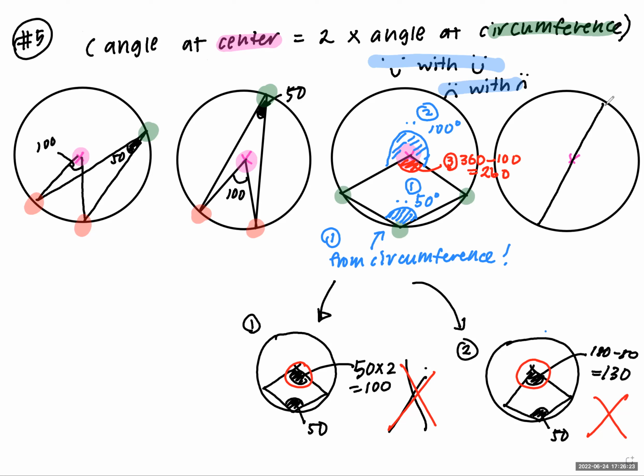Let me draw properly. Okay, see here? It looks like a flag. So how do we identify? For the flag, can you see this thingy here? If let's say this is 50 degrees, how do we find out? Did I draw it wrongly?